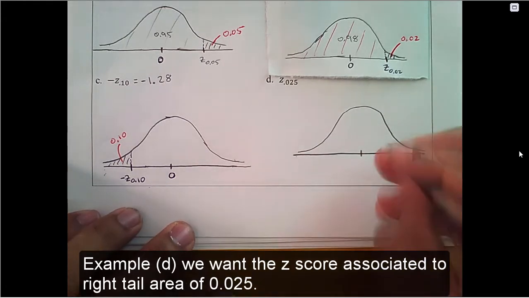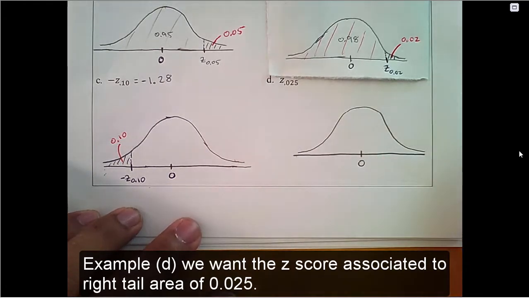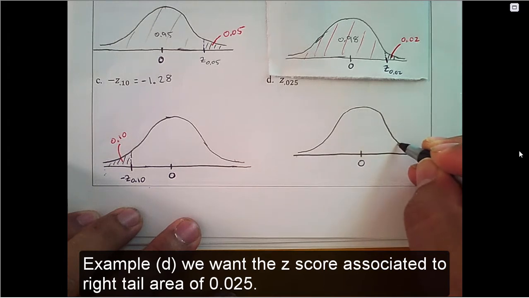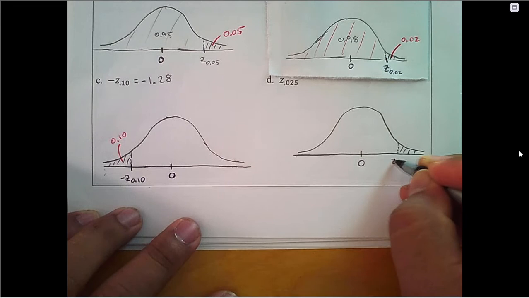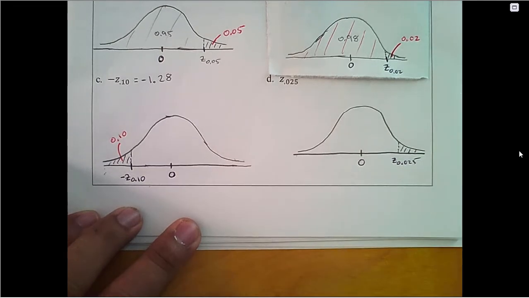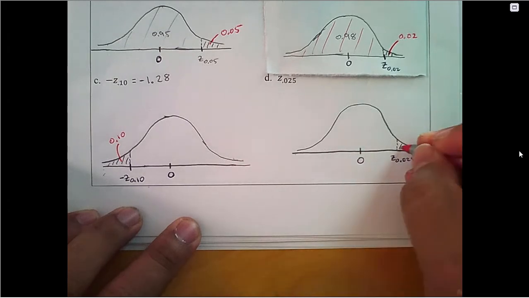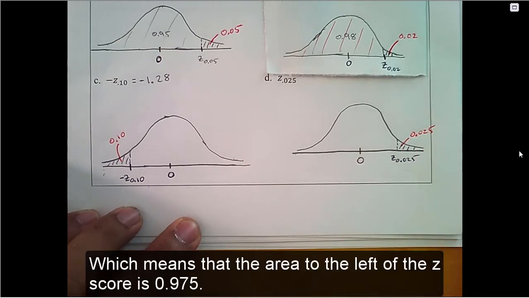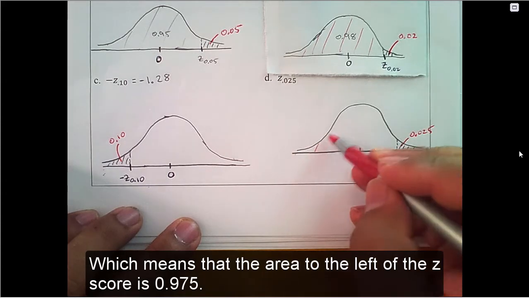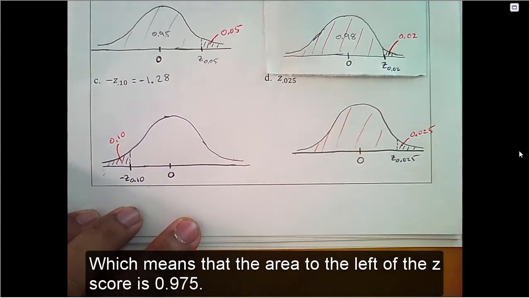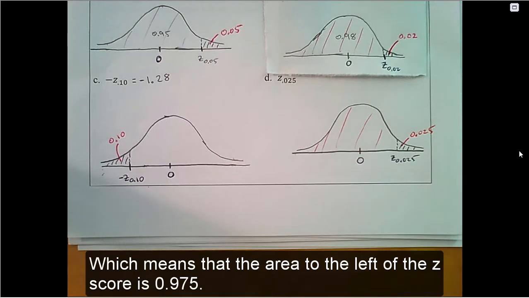Example D, we want the z-score associated to right tail area of 0.025, which means that the area to the left of the z-score is 0.975.